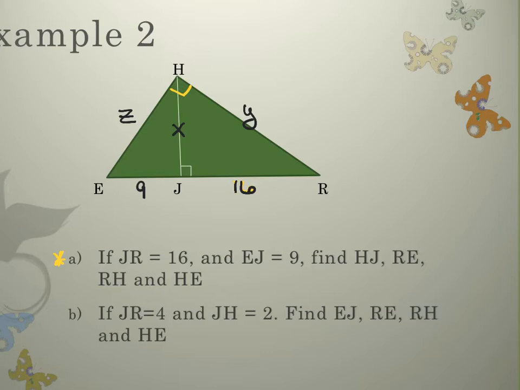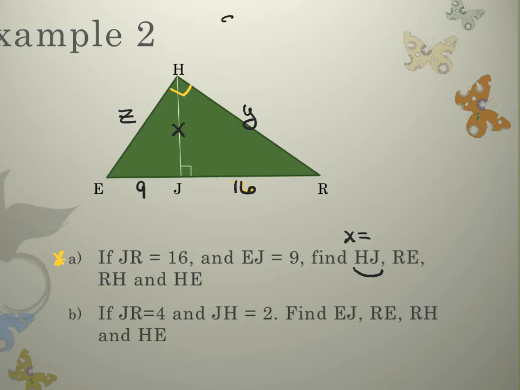The first piece of information it wants me to find is HJ. HJ, notice, is the altitude. I've just called this x.